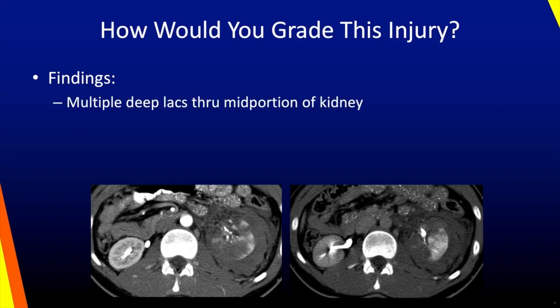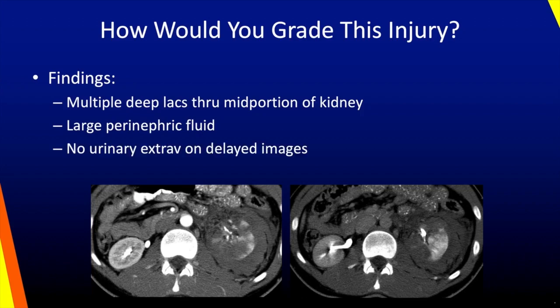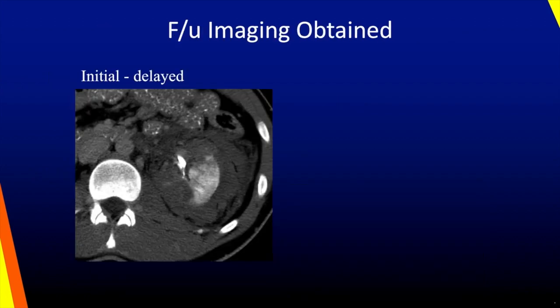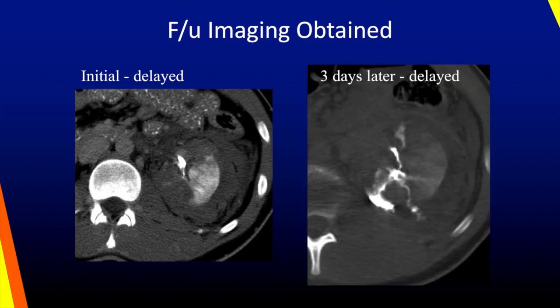Our findings are multiple deep lacerations through the mid-portion of the kidney, a large amount of perinephric fluid, but no urinary extravasation on delayed images. So this would be diagnosed as a grade 3 injury. Follow-up imaging was obtained, and when we compare it to the initial images on the left, we see that in the follow-up images, we do see urinary extravasation.